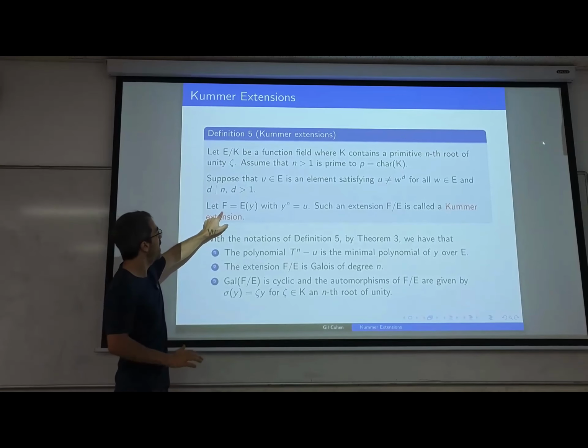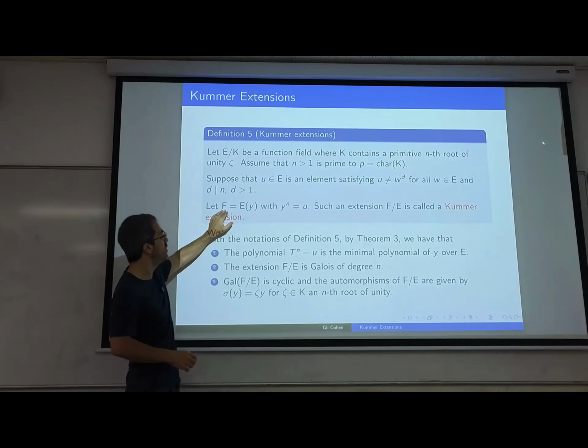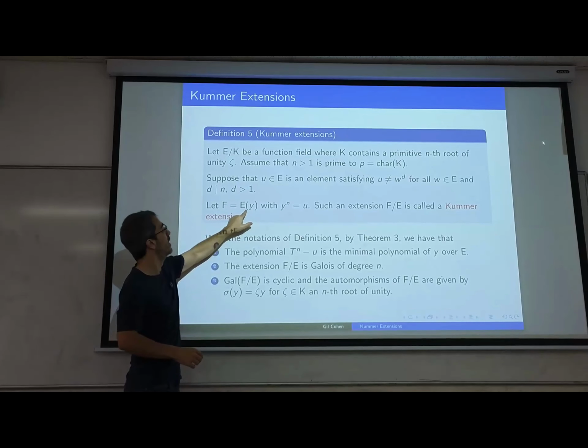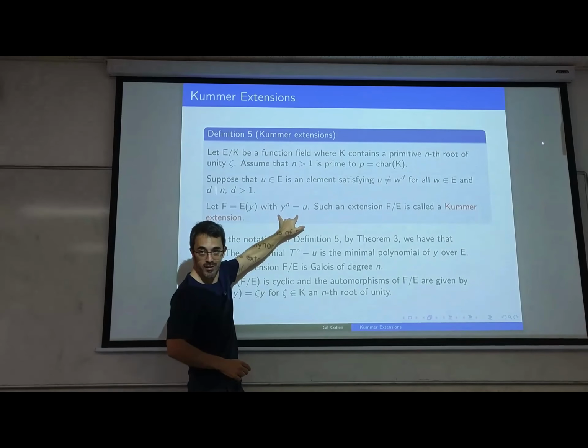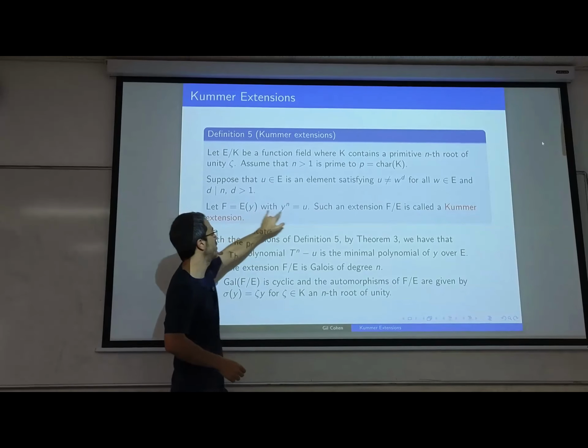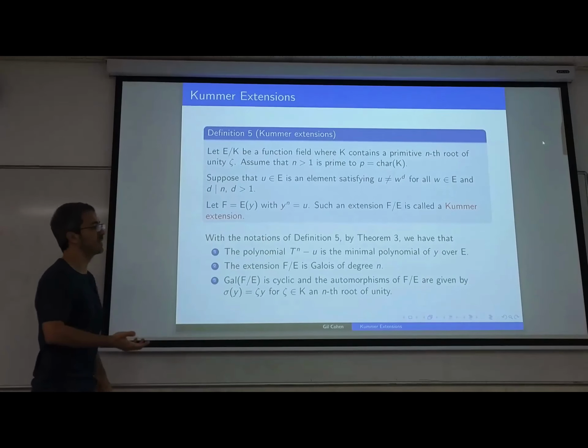Then what I'm defining here is that this field, which is obtained by adjoining y to this field, where y is the solution to this equation, or generally you take the quotient by this relation, such an extension is called a Kummer extension.